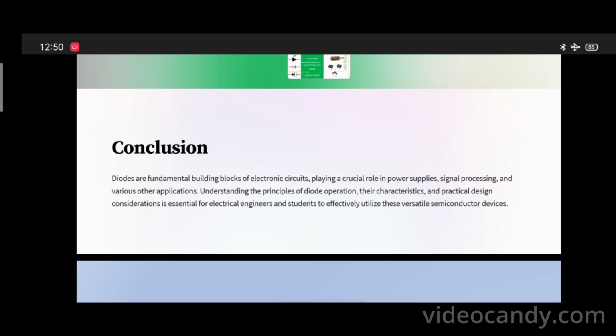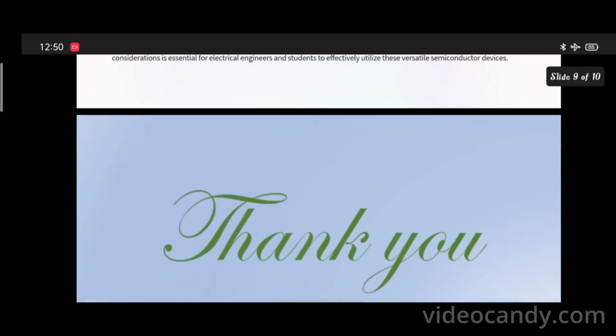Understanding the principles of diode operation, their characteristics, and practical design considerations is essential for electrical engineering students to effectively utilize this versatile semiconductor device. And last of all, thank you, sir.